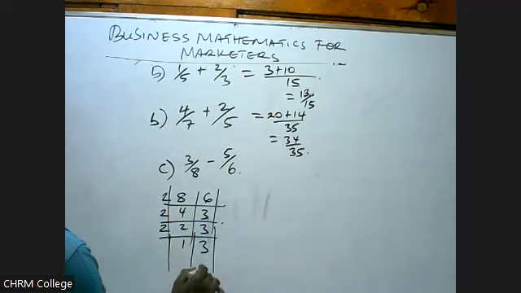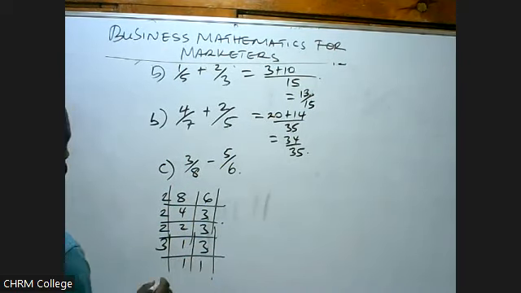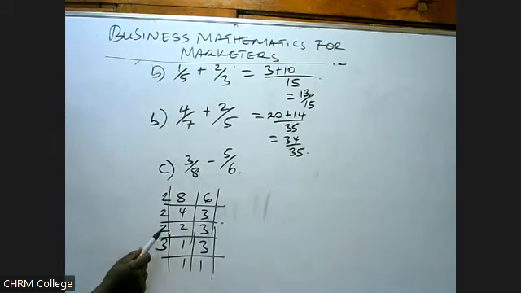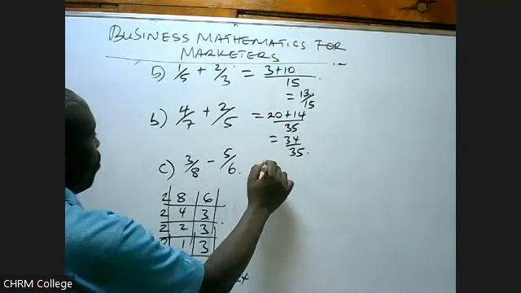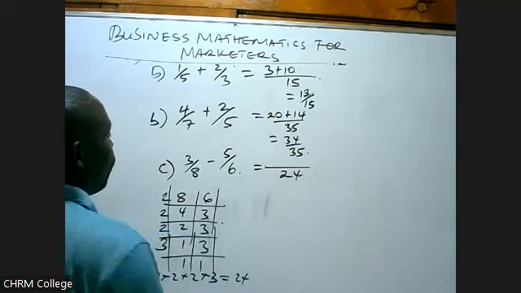And then now you multiply by 3. 3 divided by 3 is 1. So the LCM will be 2 times 2 times 2 times 3. This is 8 times 3, 24. So the LCM in this case will be 24.